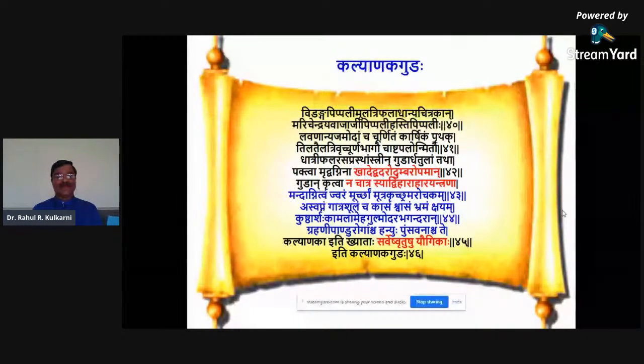Then 3 prastha of dhatri phala rasa and ardha tula guda has to be added. Paktva mrudvagnim, so it has to be subjected to avaleha preparation, and once avaleha siddhi lakshanas are there, khadayet badara udumbaropamanam. In the form of badara phala or udumbara phala matra, that is 1 kola pramana, the modakas have to be prepared.